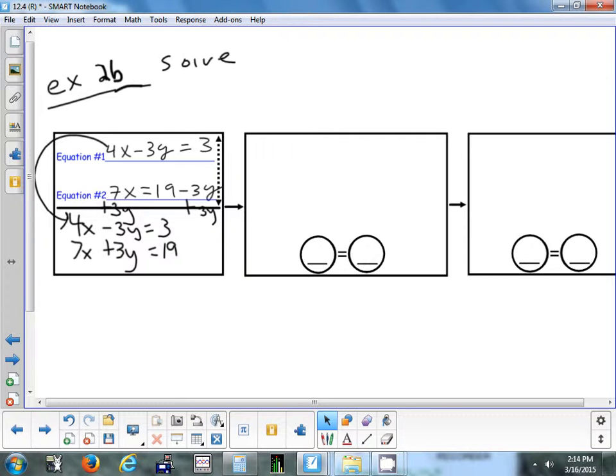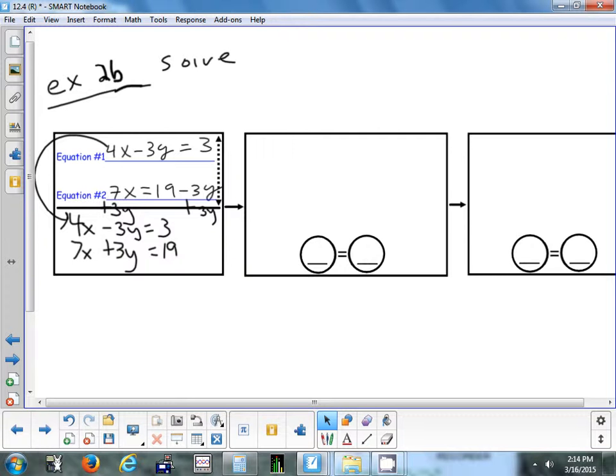Take 5 seconds in your brain and determine which equation you're going to eliminate. And when I get to 1, everybody say what letter. Ready? 5, 4, 3, 2, 1, go.